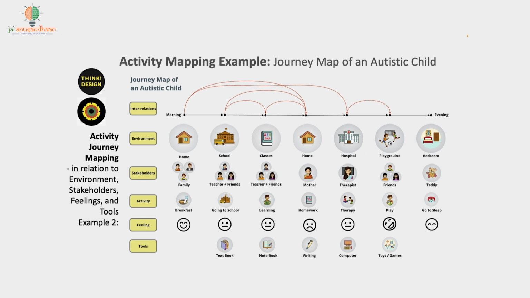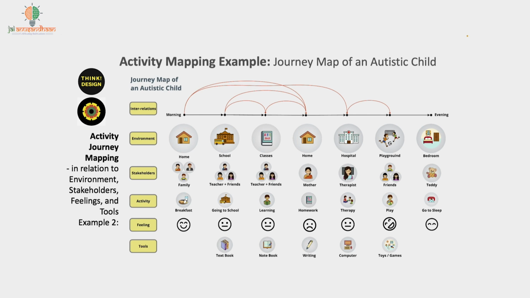And the different activities the child goes through from morning till evening. What is the feeling of the child? Happy, kind of okay, then again not so happy, and then becomes very happy and then goes to sleep. And also you can see the tools the child uses.